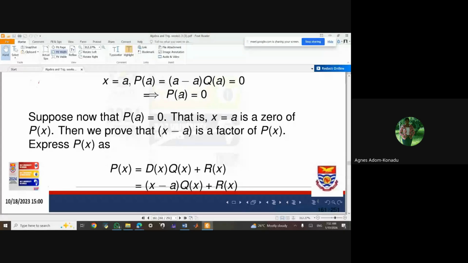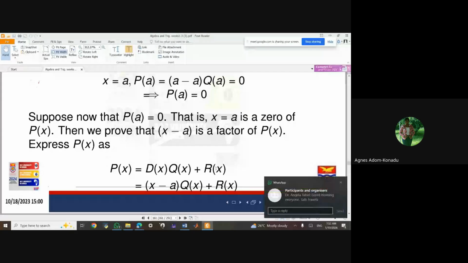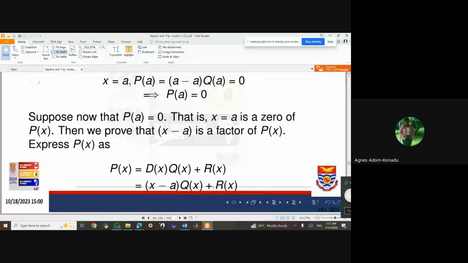The next one, I want to prove that since x minus a is a factor, my remainder will be equal to 0. Okay, so I know that when I divide p of x by d of x, it's supposed to be d of x times q of x plus r of x. Okay, now my d of x is x minus a, then q of x plus the r of x.